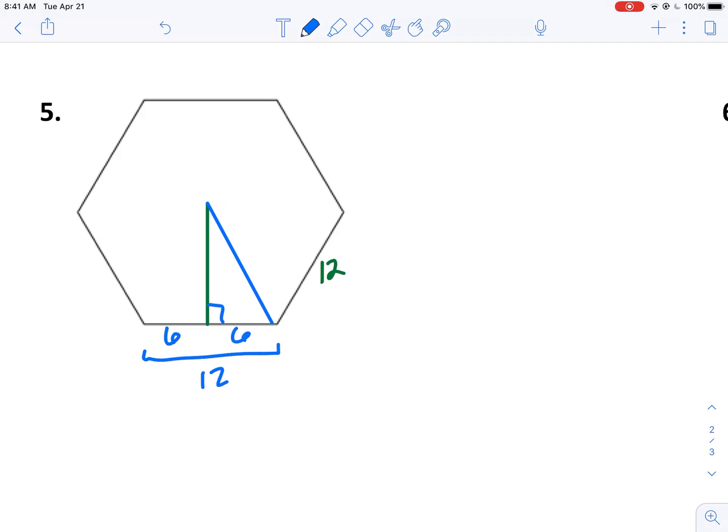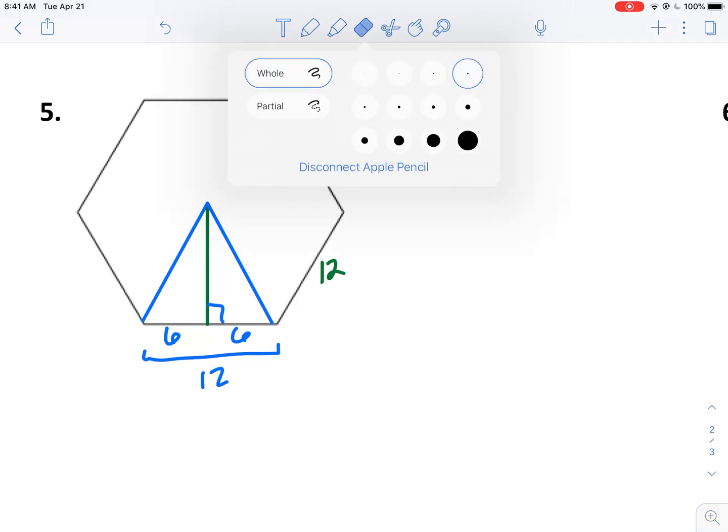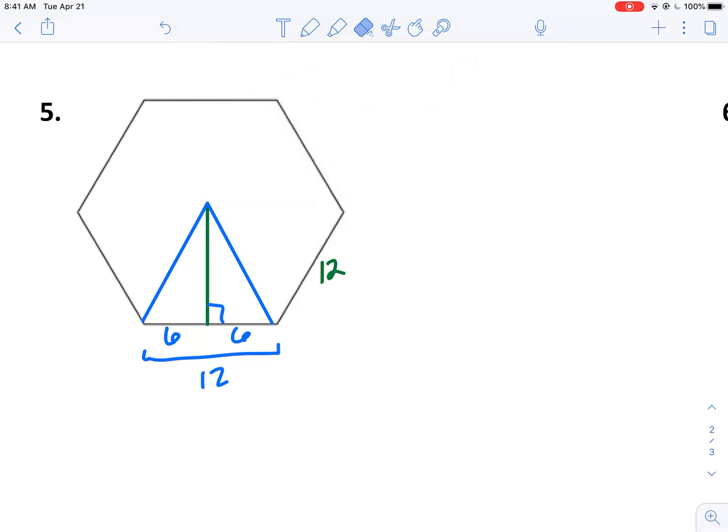And it split that side length in half. So if that's 12, this is 12, so I've got 6 and 6. It split it in half.